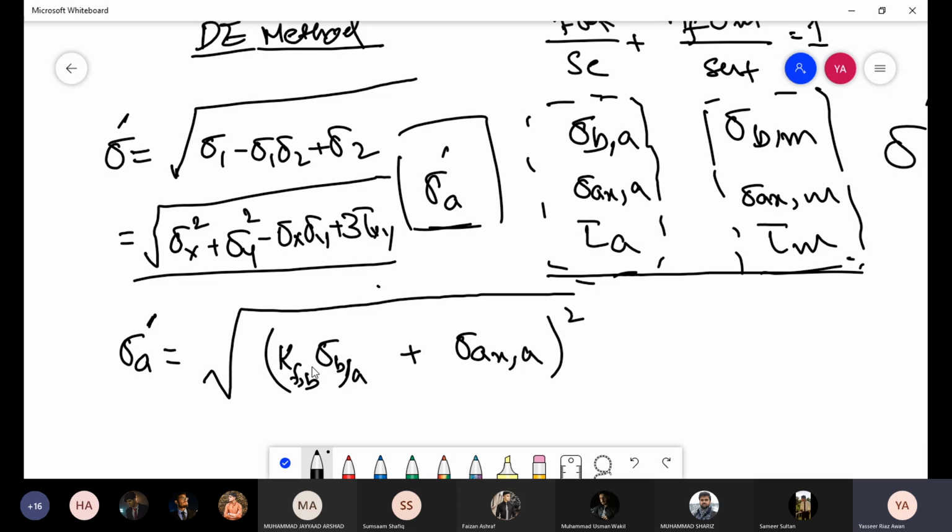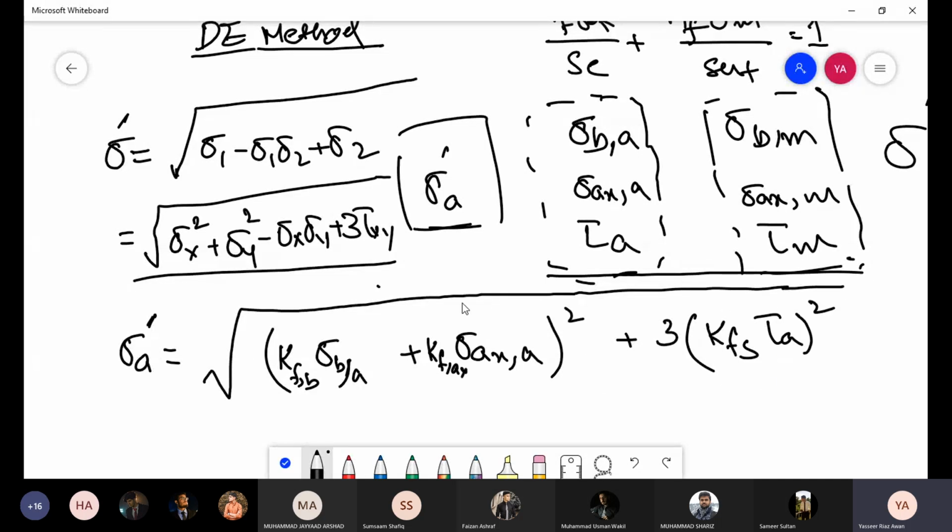So Kf for bending loads would be different, Kf for axial load would be different, okay. So we use the fatigue stress concentration factor with this, and also obviously the torque component. Again, this fatigue stress concentration factor for torsional load would be different, okay.